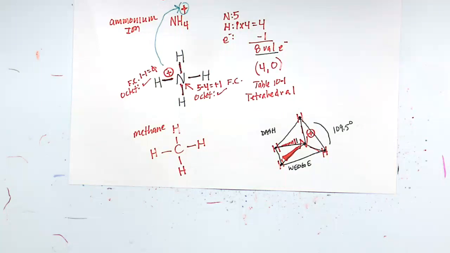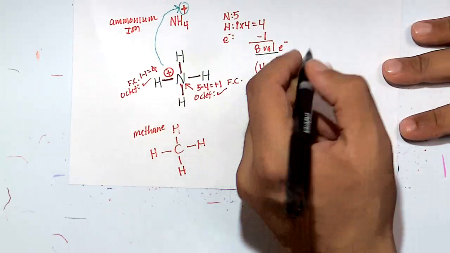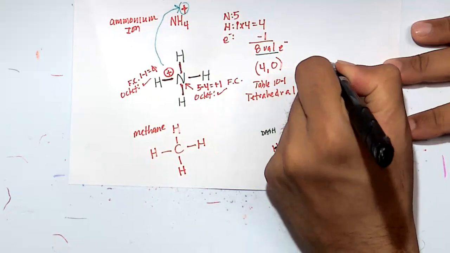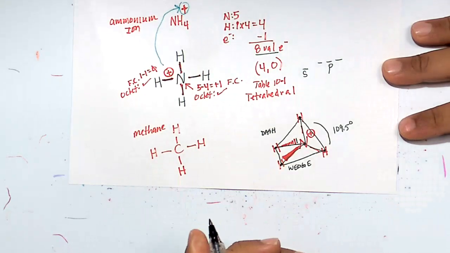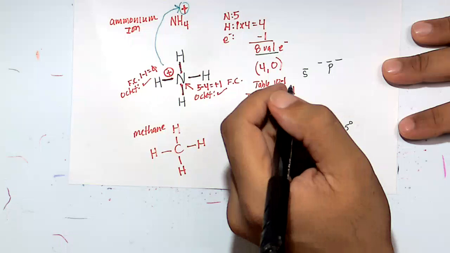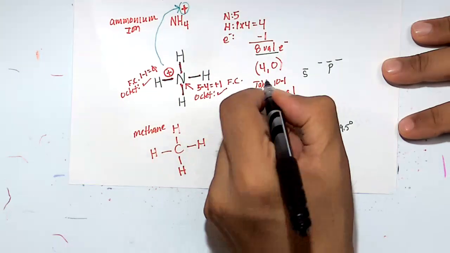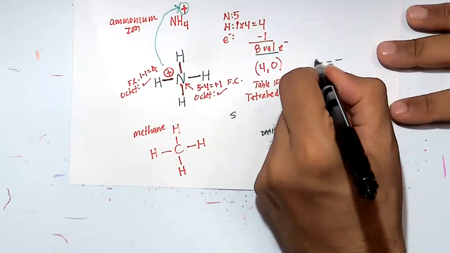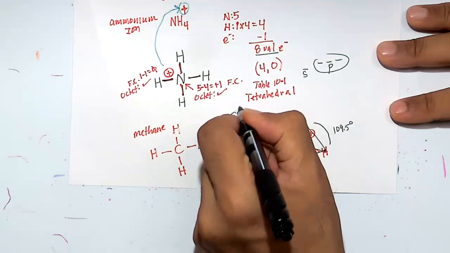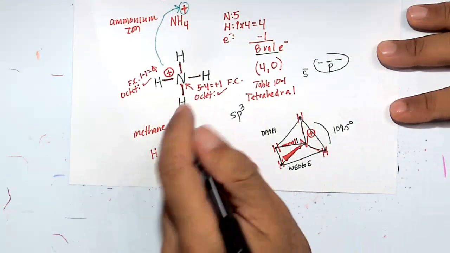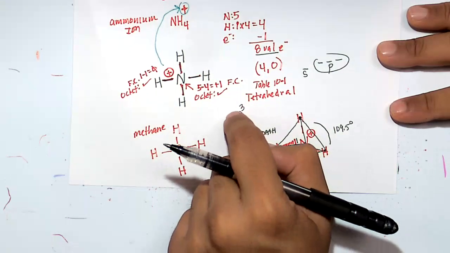So 4 bonds, 0 lone pairs, tetrahedral. All right, how do we get to 4? We're going to take 1 from s, and 3 from p. So this is an sp3 hybridized nitrogen, right? 1 s plus 3 p is 4.